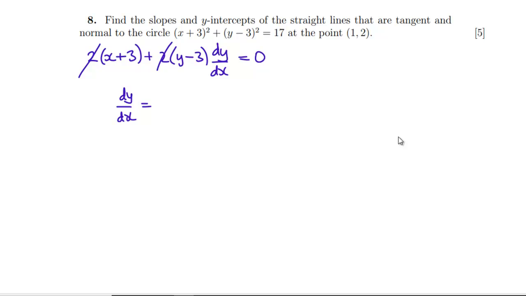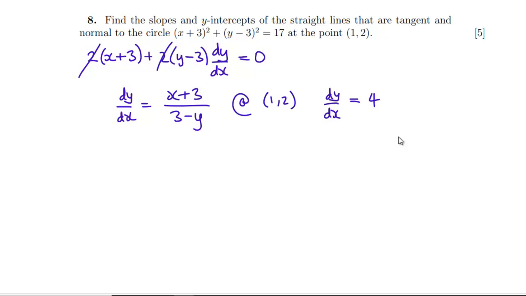Let's deal with the minus signs. It had a minus sign on it, but we can flip that round instead and make it a 3 minus y on the bottom if we're dividing through and getting rid of the minus sign. So at 1, 2, dy/dx, our gradient, is going to be equal to 4 over 1, which is 4.